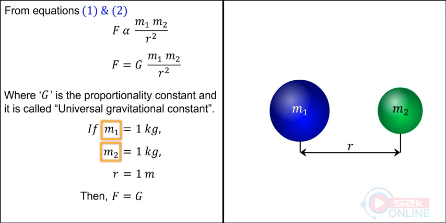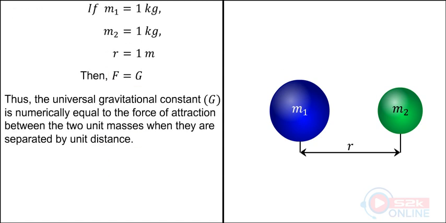If m1 and m2 of two bodies are each one kg and they are separated by unit distance, we get F equal to G. Thus, the universal gravitational constant is numerically equal to the force of attraction between two unit masses when they are separated by unit distance.